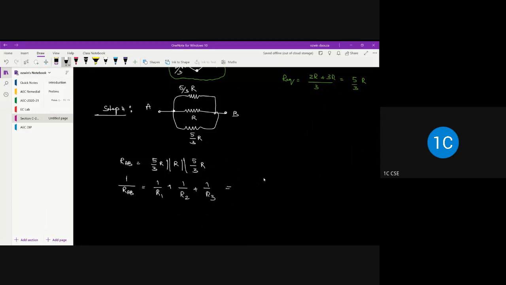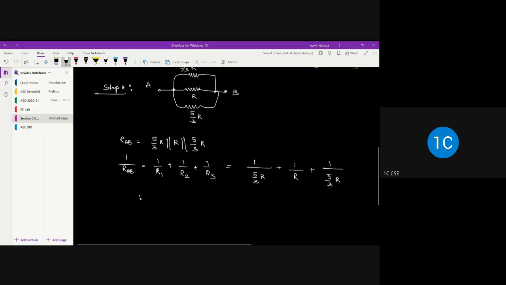That is 1 divided by R1, R1 is 5 by 3 into R, plus 1 divided by R2, R2 being R itself, and R3 being once again 5 by 3 into R. So that's 1 divided by 5 by 3 into R. So 1 by RAB is equal to 3 divided by 5R plus 1 by R plus 3 divided by 5R.